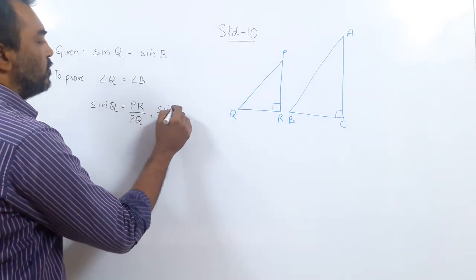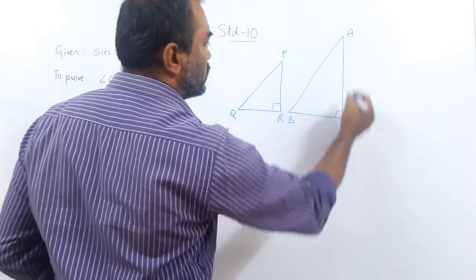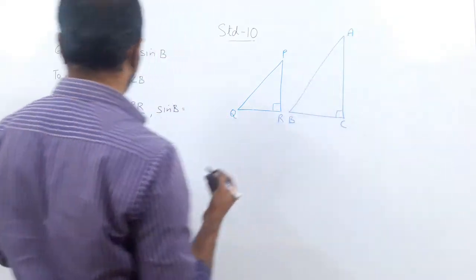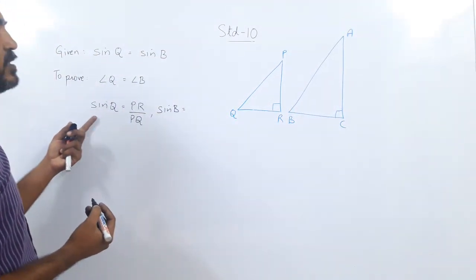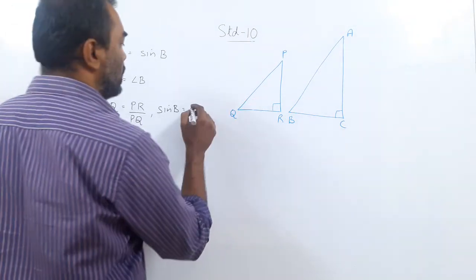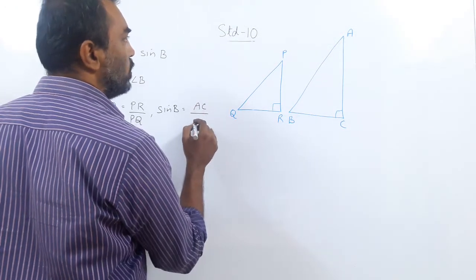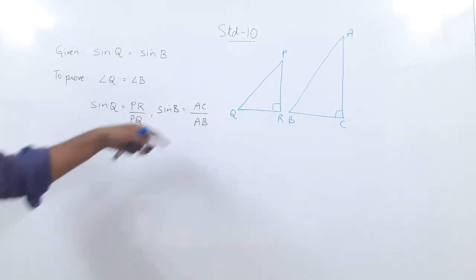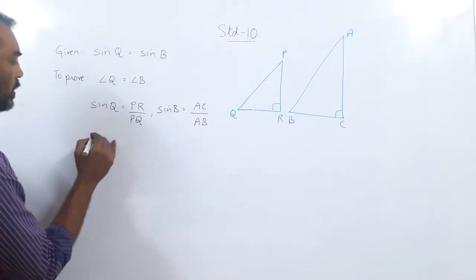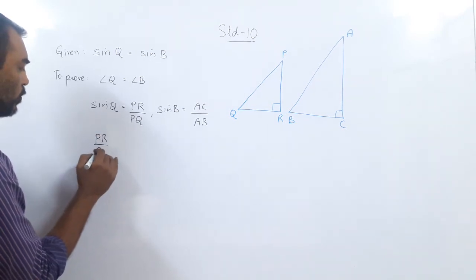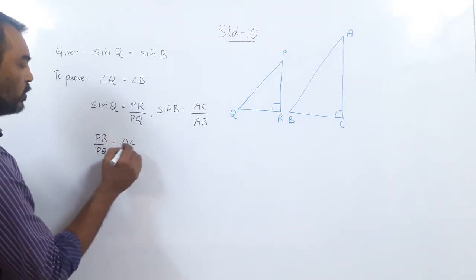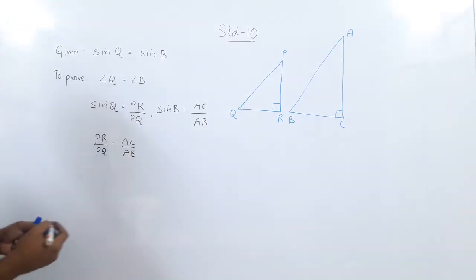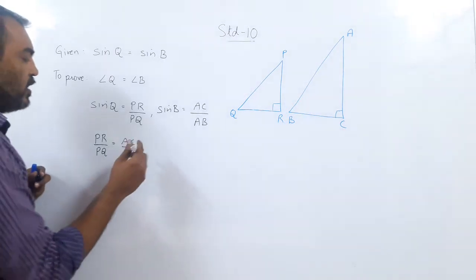And sine B is, the same way, the ratio of the opposite and hypotenuse. You have to remember this: sine is the ratio of opposite and hypotenuse. Sine B is AC upon AB. Okay. But it is given that the ratios are equal, means sine B equal to sine Q. So PR upon PQ equal to AC upon AB. Because they are in the same ratio, right? The ratio can be 2/3, 5/2, whatever.